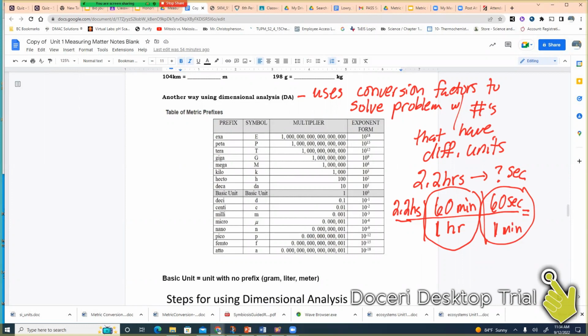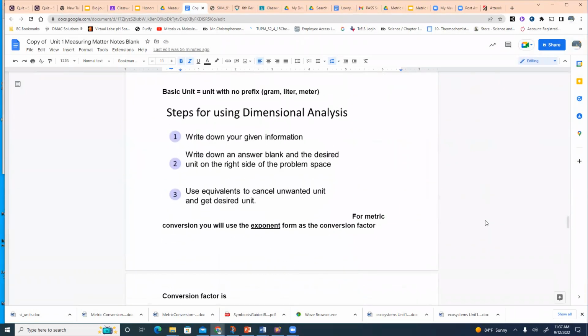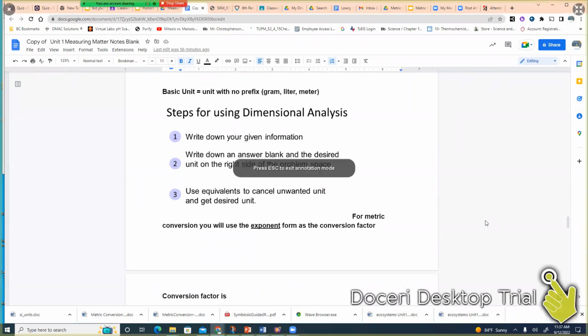So when we do this, we're going to be using the exponent form for our conversion factors with our prefixes. So in other words, if I have kilo as a prefix, the number that I would be using with it is 10 to the third. All right, let me move this up a little bit and we'll just go through those steps. So remember your basic units, grams, liters, meters, those are the most common ones. So you're going to write down your information or your given. That's how you always start your problem.